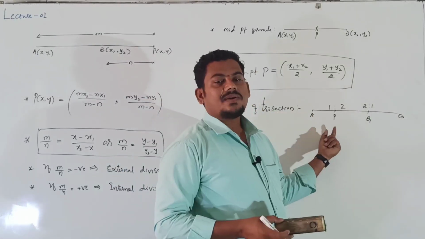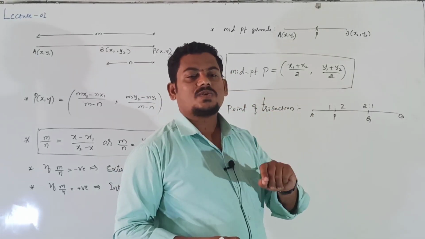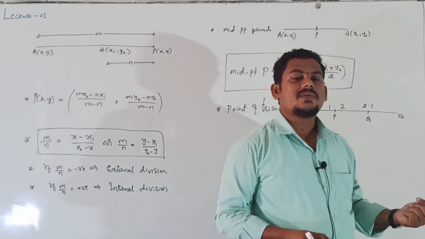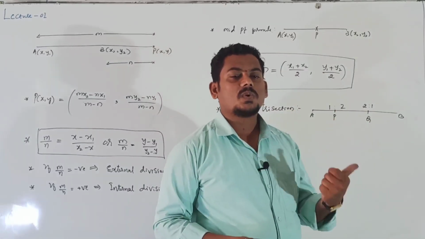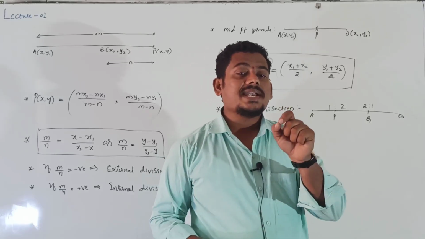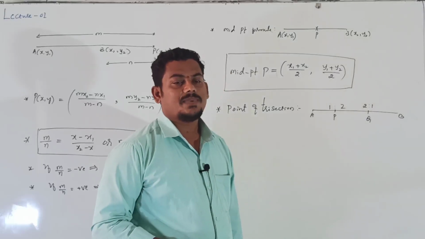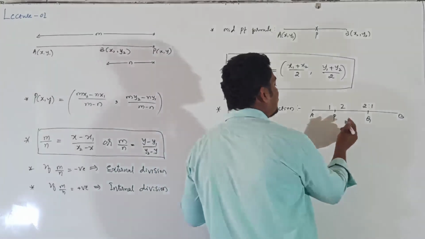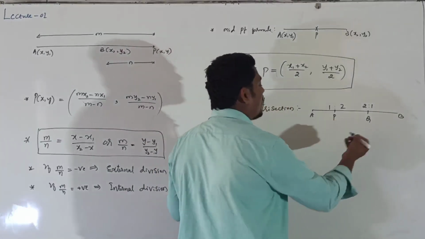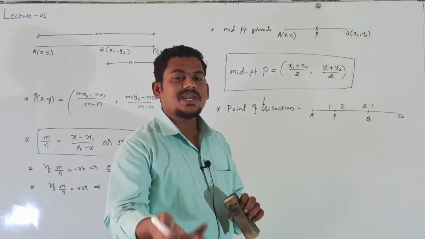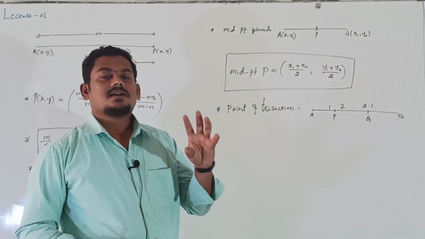If P divides AB internally in the ratio of 1:2 and Q divides internally in the ratio of 2:1, then P and Q are called points of trisection of AB. What is the meaning of point of trisection?